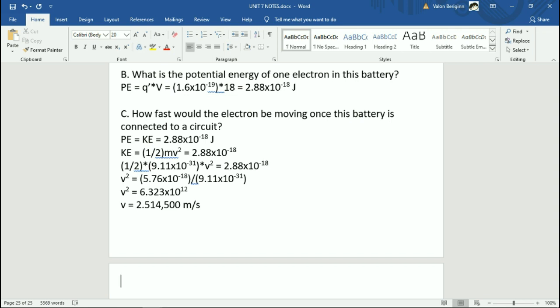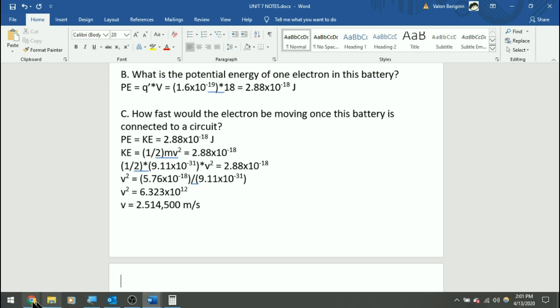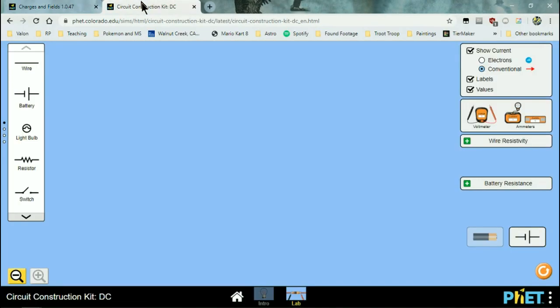Let's do something a little bit complicated, not insanely complicated. I'll build this and make up some values.